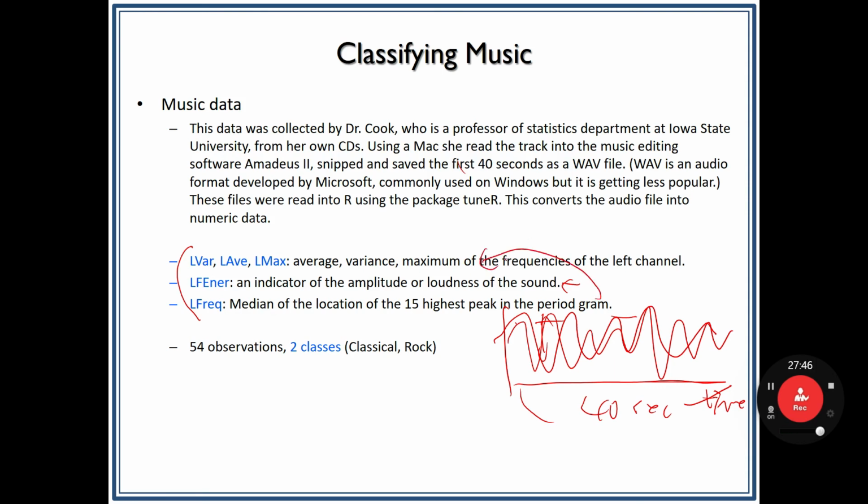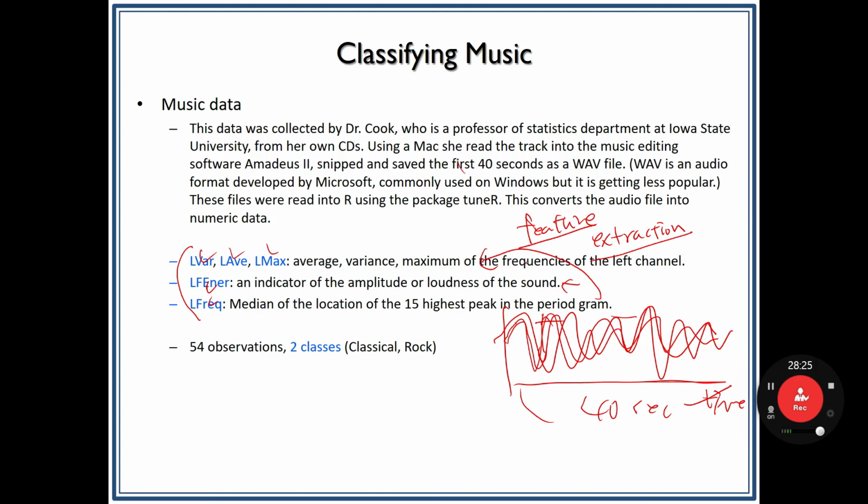This procedure, just for information, is called feature extraction, or feature generation. We don't use the raw data itself. Instead, we use these summarized pieces of information for each of the songs. Typically in a classification task, we have to have the features, independent variables, predictors, they are the same.